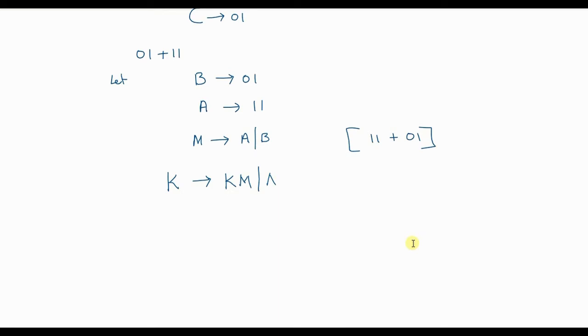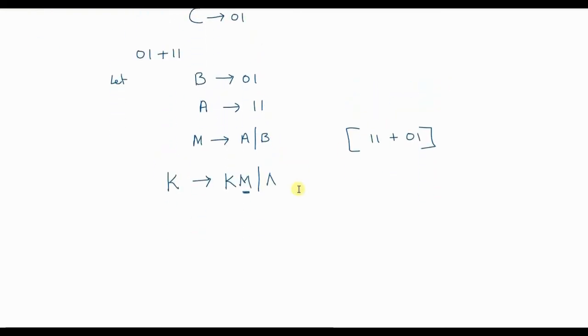So what will happen? This M is going to give you 1, 1 or 0, 1 only once, whereas K is going to recursively call itself again and again. So this M, that is 1, 1 or 0, 1, this entire sub expression will be repeated n number of times, and whenever there is no more need, K can be replaced with null. That means this sub expression, if required, can be repeated 0 times.